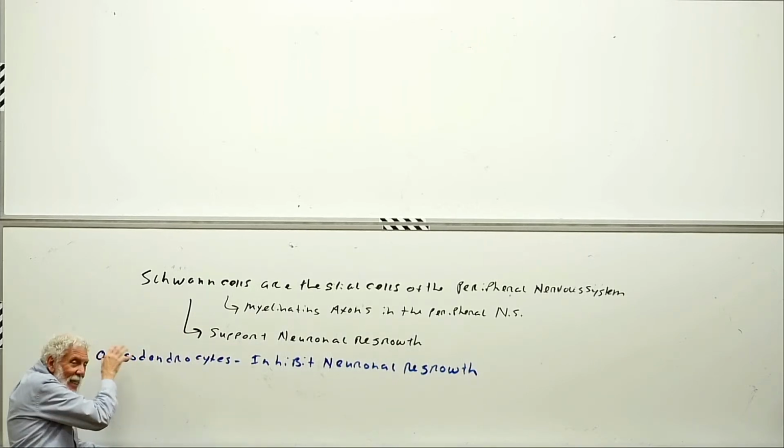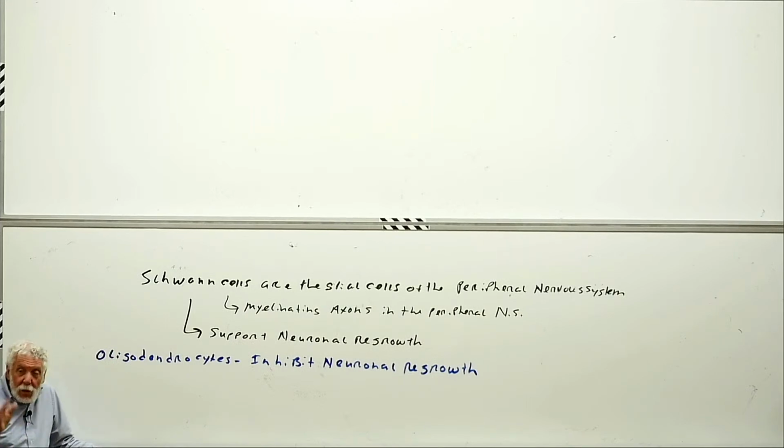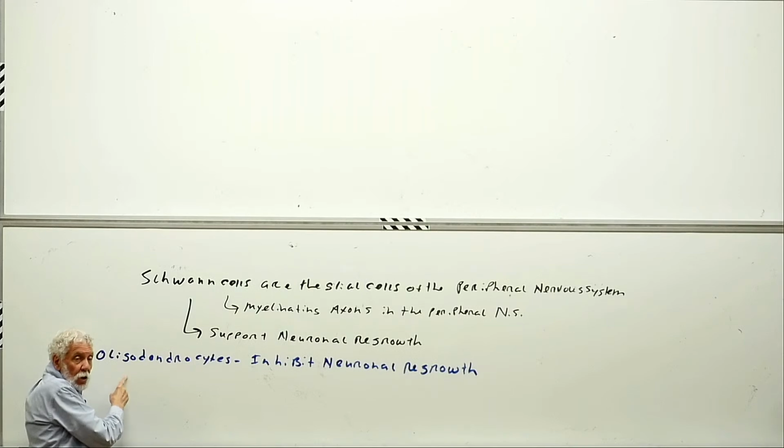What this means, the upshot of this, is if we damage neurons in the central nervous system, they don't regrow. This is a big problem because any number of people every year are in car accidents or have gunshot wounds or any number of things, and there's damage to neurons in the central nervous system. Once those neurons are damaged, they can't regrow to their old targets.